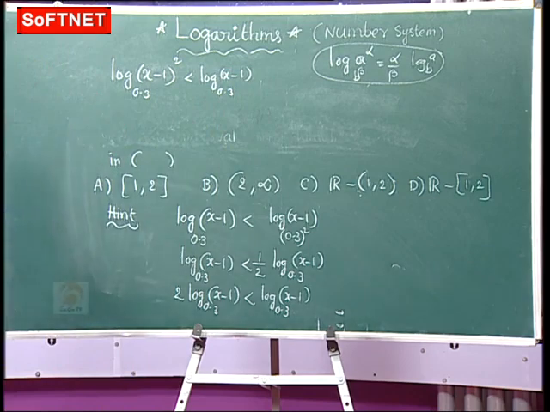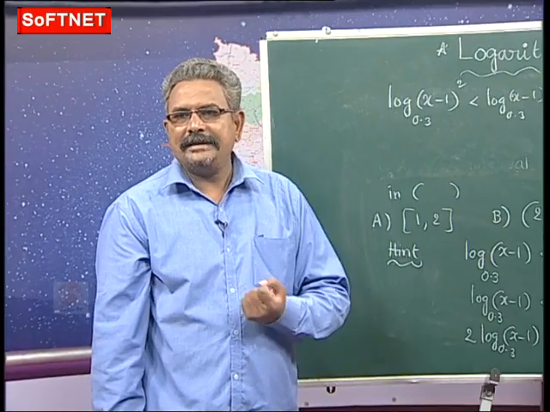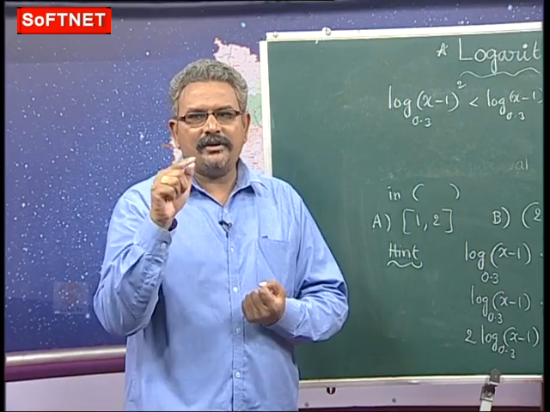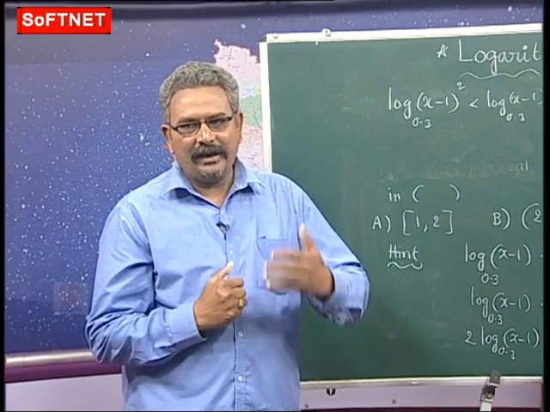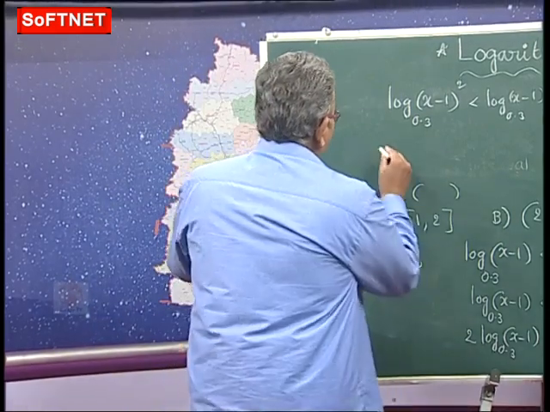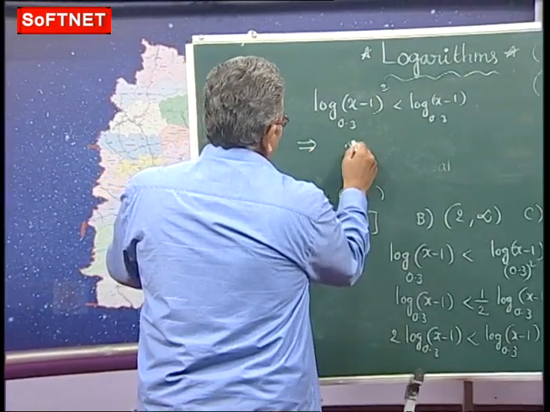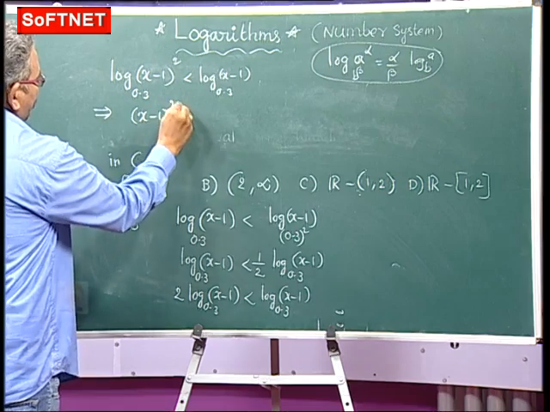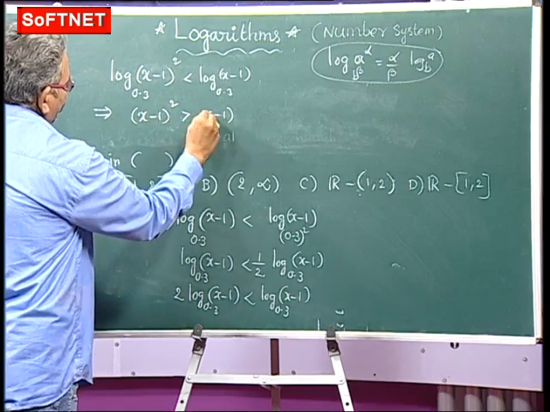Just concentrate on the base. Here base lies between 0 and 1. Whenever it is between 0 and 1, so this can be written now as x minus 1 whole square greater than x minus 1.